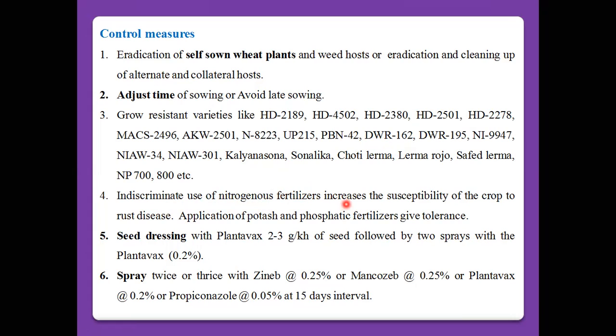So luxurious growth will be seen on the wheat crop. These green parts have chlorophyll, and this pathogen, Puccinia, directly prefers these green parts or green leaves of the wheat crop. So use minimum nitrogen and also use potash and phosphatic fertilizers.